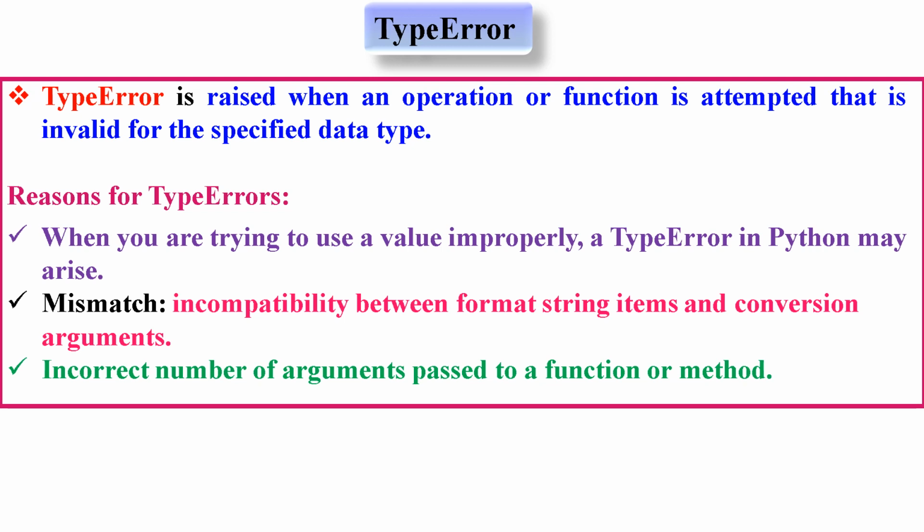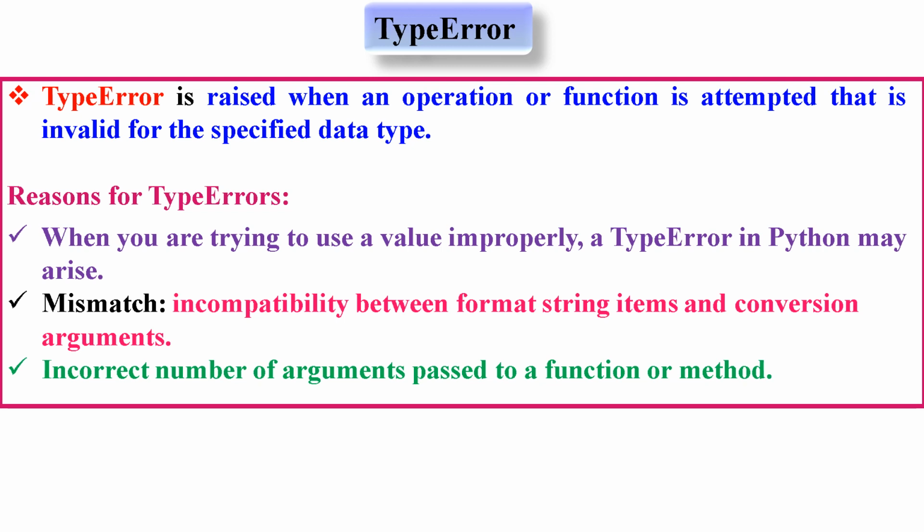Reasons for type errors. When you are trying to use a value improperly, a type error in Python may arise. For example, indexing a string, list, or tuple with something other than an integer. Second reason: there is a mismatch between the items in a format string and the items passed for conversion.